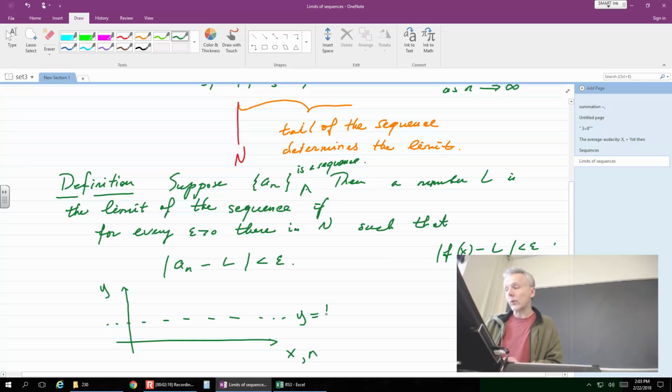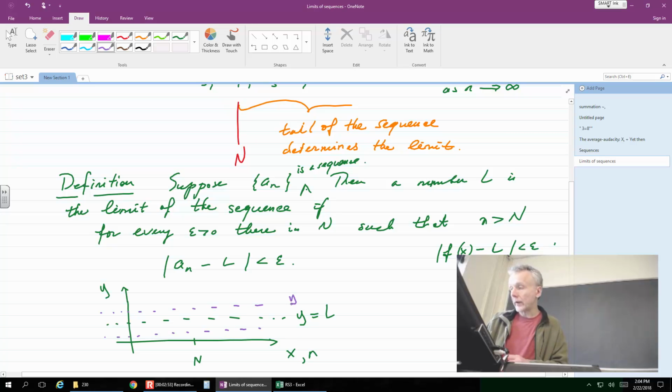This line is y equal L. And then what we're talking about is progressing as far as necessary to our right, to n larger than capital N over here, in order to ensure that the graph of either the whole function f or the sequence lies within a band of values.